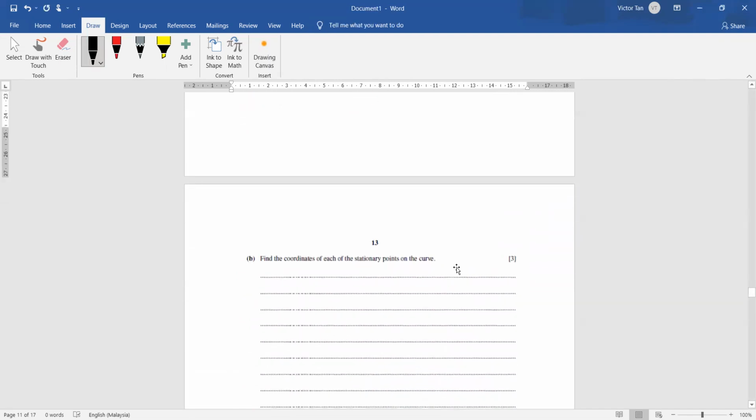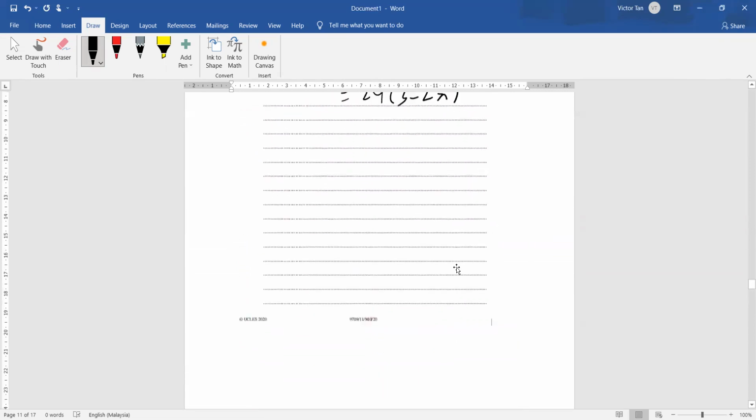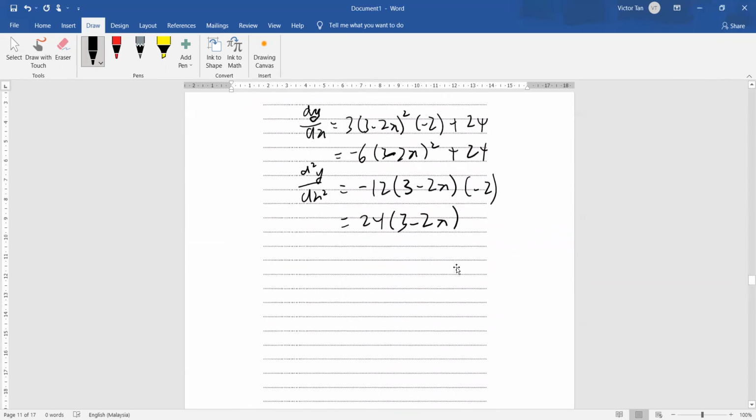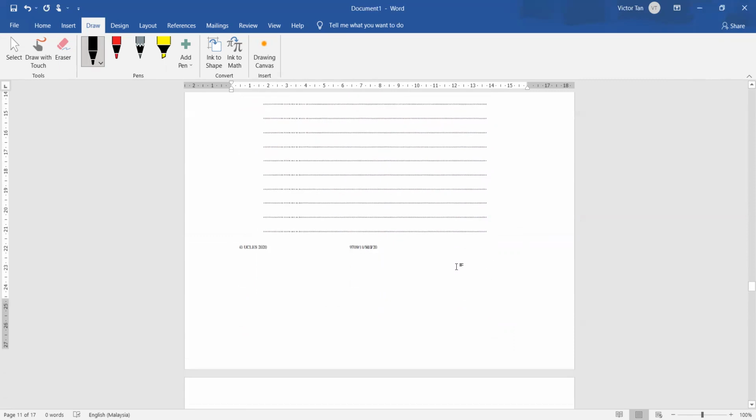Find the coordinates of each of the stationary points on the curve. In stationary points, dy/dx is 0.